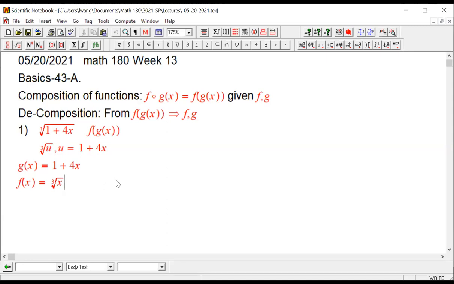So that's how you decompose. And of course, you're going to verify. Does it work? So you're going to do f composite g of x equals f of g of x. That's this guy, g of x.